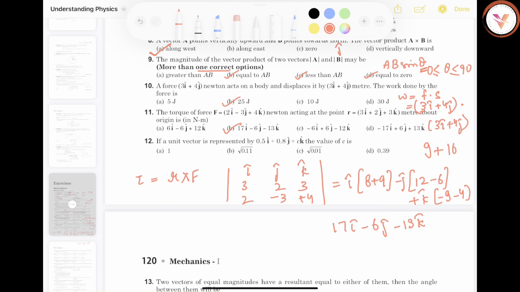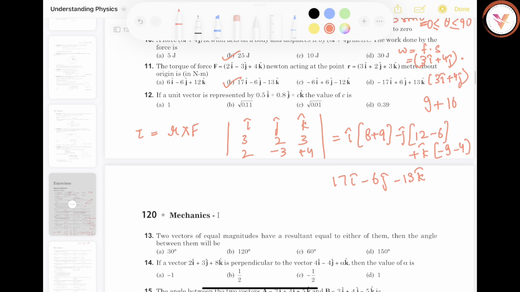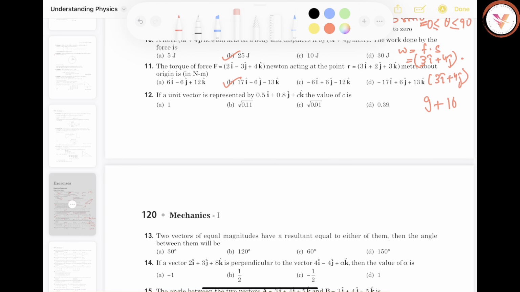Next is, if a unit vector is represented by this, find the value of C. Now for the unit vector, you can pause the video and you can check and write it in your notebook. Okay. If a unit vector is 0.5 i cap plus 0.8 j cap plus C k cap, now if it is a unit vector, then its magnitude should be equal to 1. That is 0.5 square is 0.25, 0.8 square is 0.64, plus C square gives you 1. Okay.